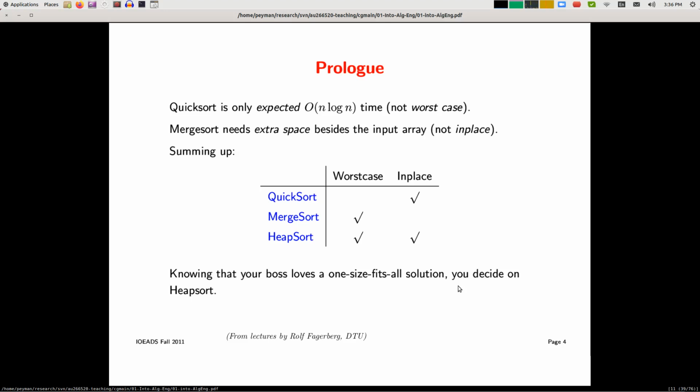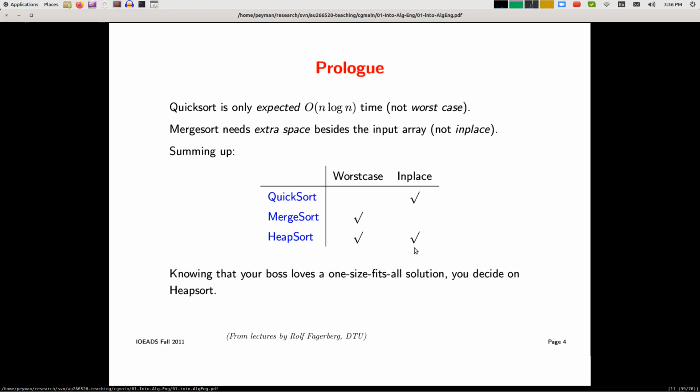So to sort n numbers, you actually need 2 times n space, whereas quick sort and heap sort don't need that. They can be in place, so you don't need any extra space other than the array itself. So in other words, once you categorize these advantages and disadvantages, you realize that heap sort beats all of them. It is worst case optimal and it's in place.